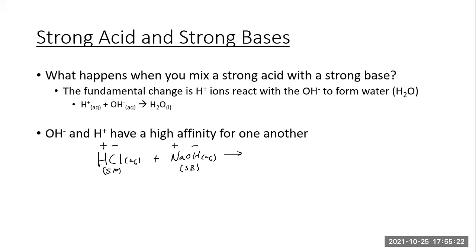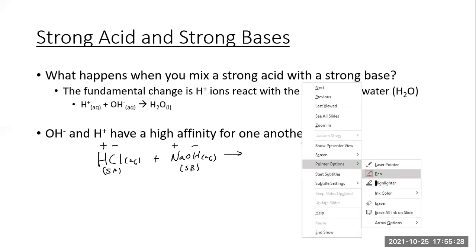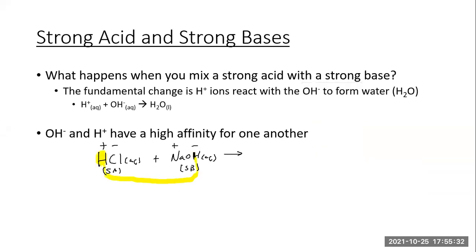This is really a double displacement reaction, which means that the H plus from the acid will switch partners and end up with the OH minus from the base. That is where water is formed from. And we make a salt, which is what is left over. So this is water and a salt.